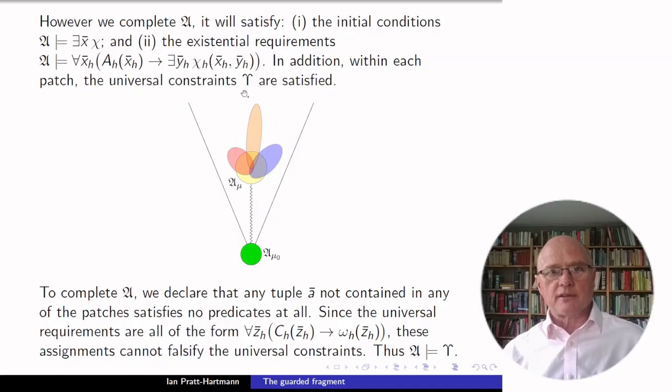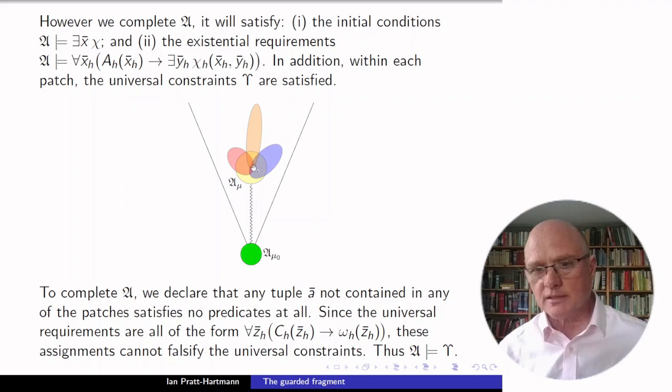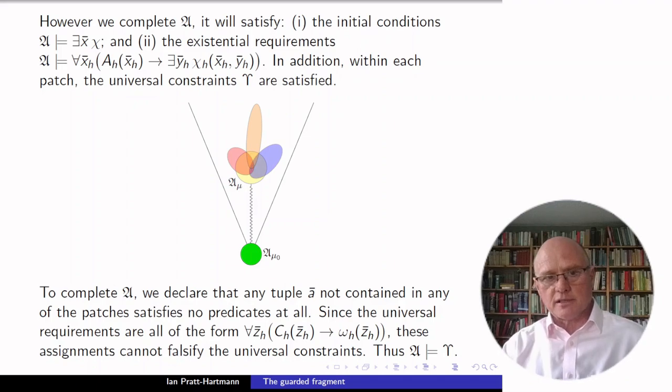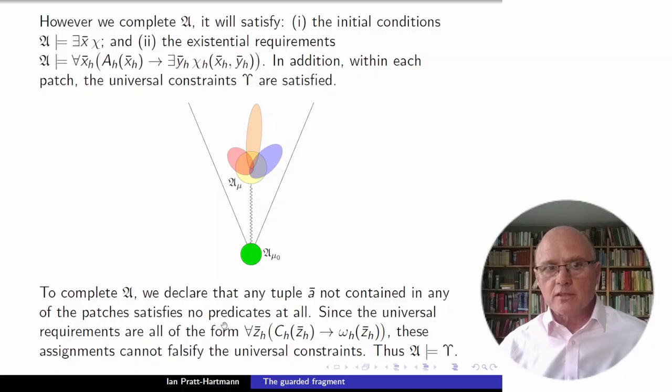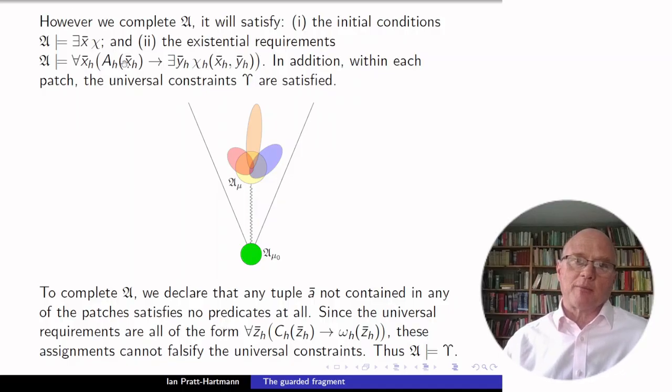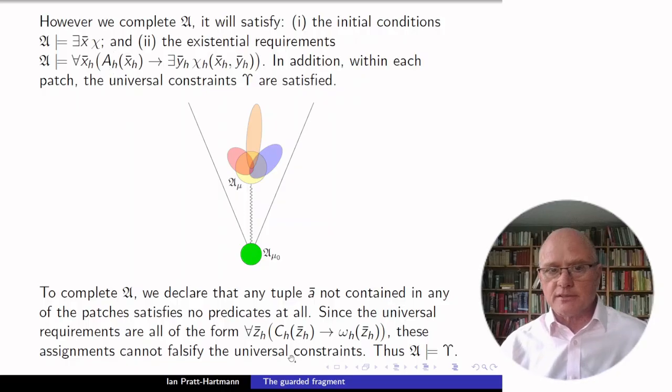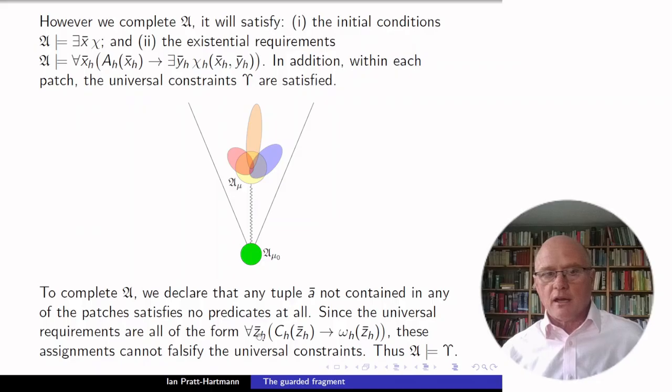Moreover, we know that all of the universal constraints within any patch have been satisfied, so we haven't violated any universal constraints. So to complete the model, we simply declare that any tuple not contained in any of the patches satisfies no predicates at all. So it can't have any additional witness requirements because it doesn't satisfy any predicates there. And it can't violate any of the universal constraints, because if you look at what the universal constraints are, they say things like, some collection of objects satisfies this formula.